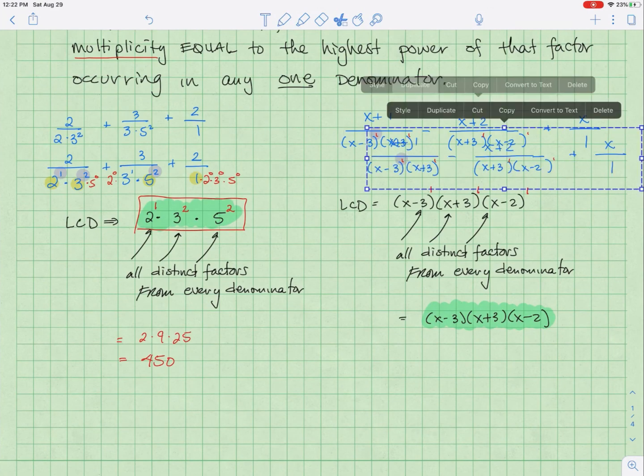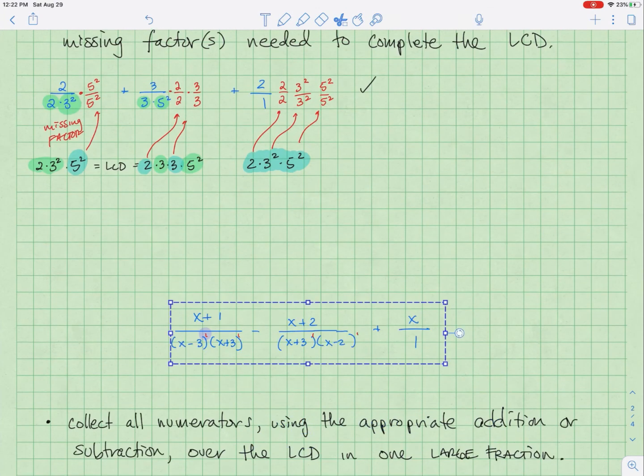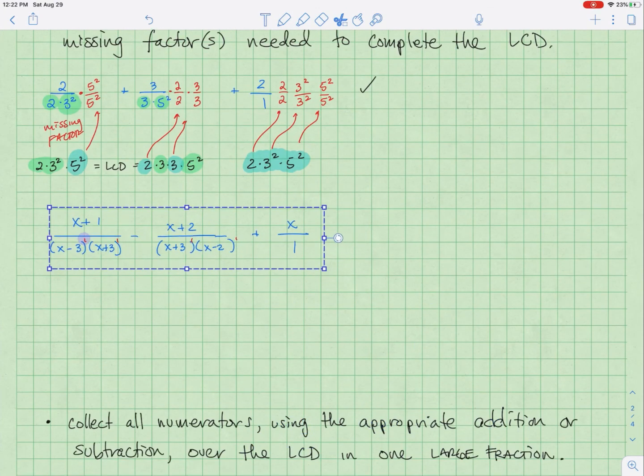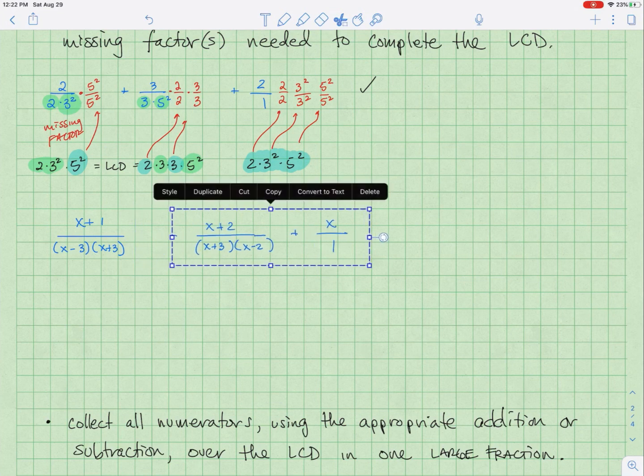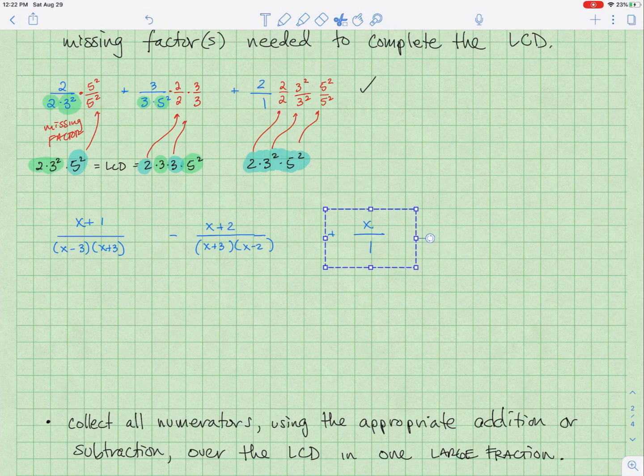It is very similar. Let's duplicate this. So again, if I clean this up and write the LCD underneath each one of these and arrange this so we have a little bit more room. Let's see. The LCD was x minus 3, x plus 3, x minus 2.